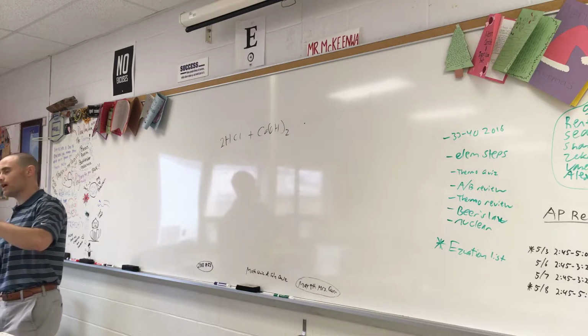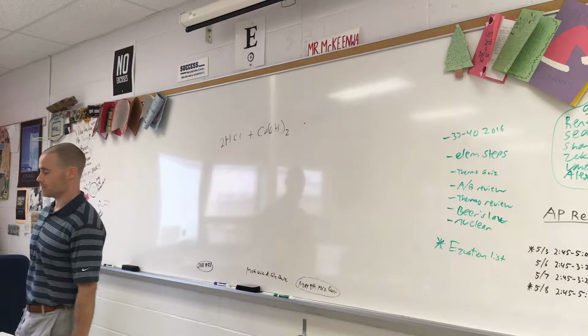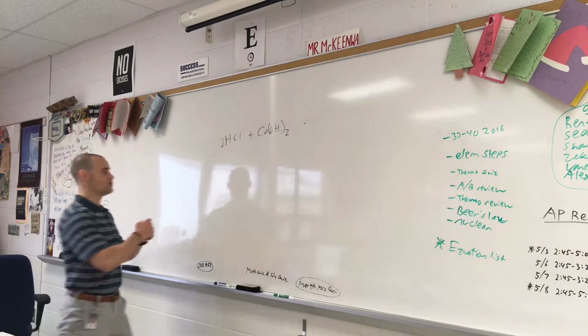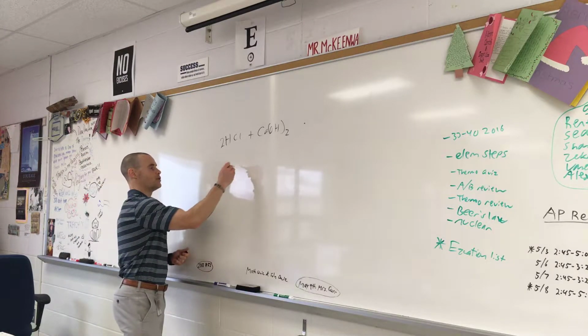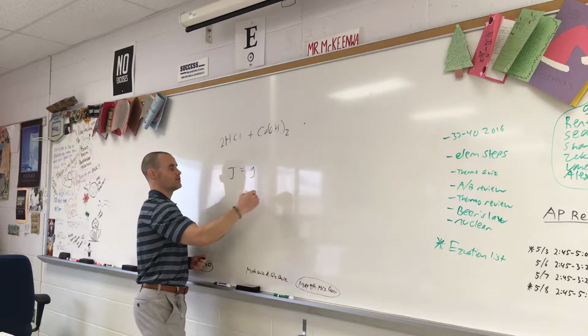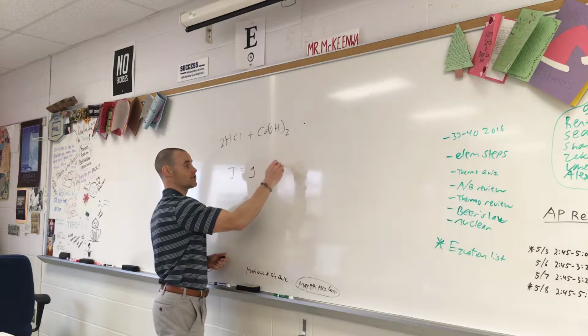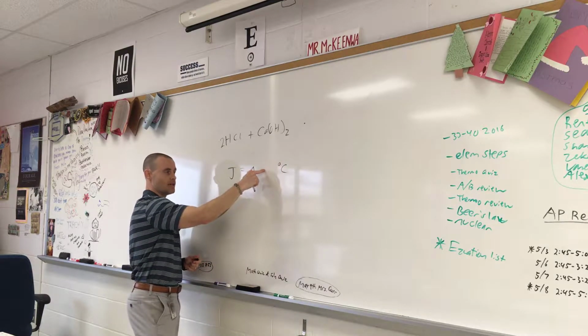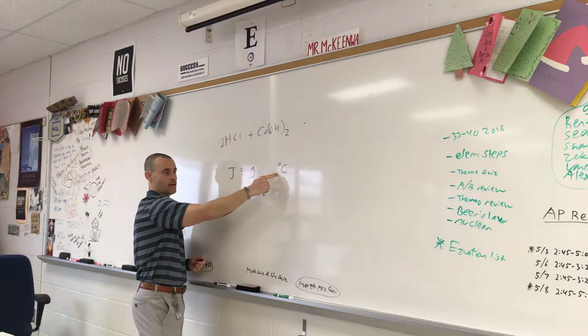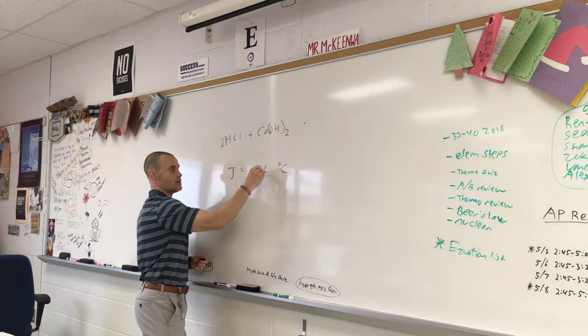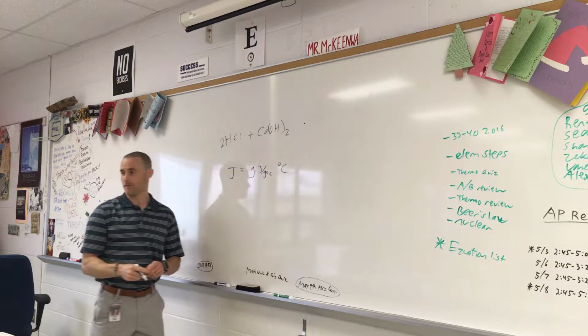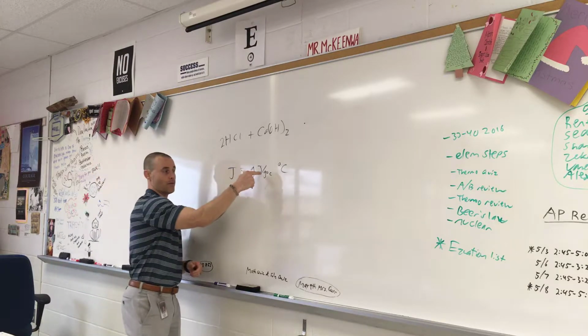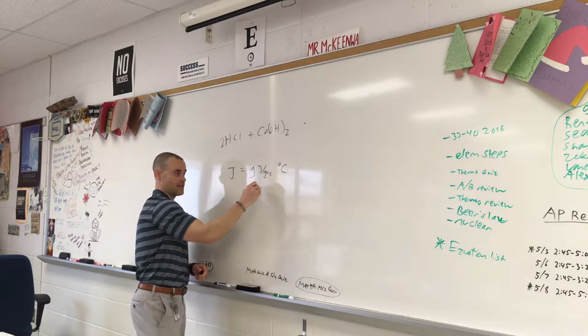It's joules per gram Kelvin or joules per gram degrees Celsius. If you get confused, if Q is joules and mass is grams and temperature is Celsius or Kelvin, you need this unit to cancel out grams and Celsius, leaving joules. Wait, is temperature Celsius or Kelvin? Doesn't matter. You can do joules. So if this is Celsius, that's Celsius.